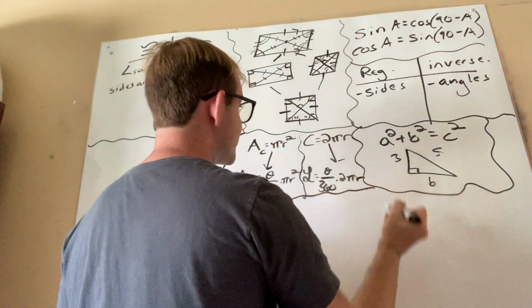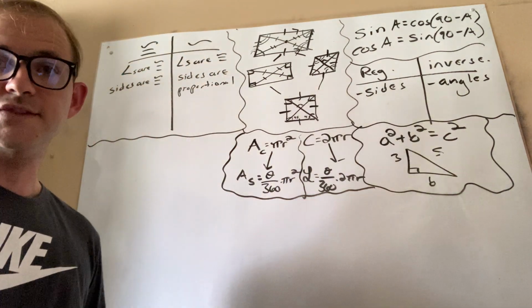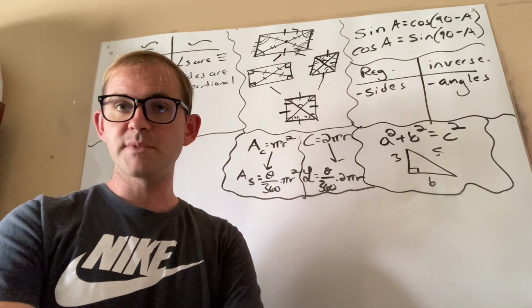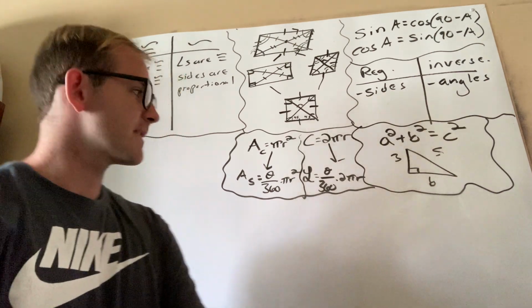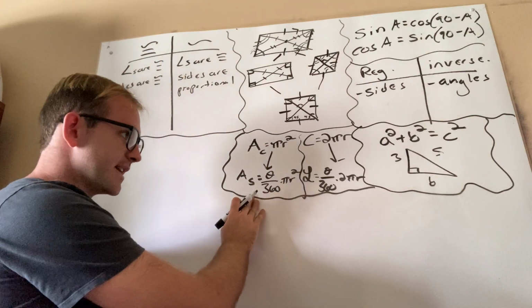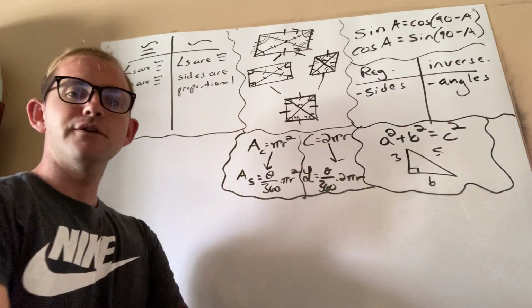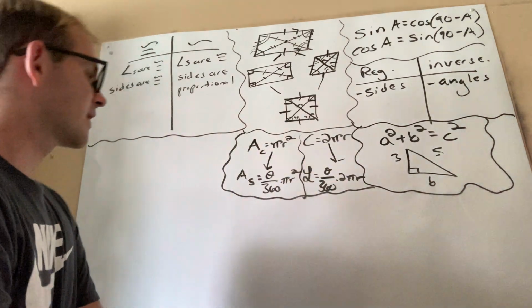So there are no ifs, ands, or buts. You must memorize the area formula for a circle and the circumference formula for a circle, okay? Because they form the basis for the area of a sector and for arc length.